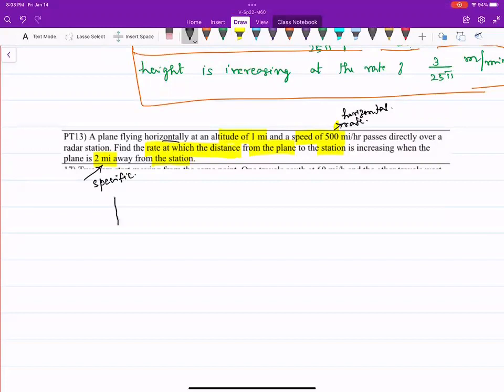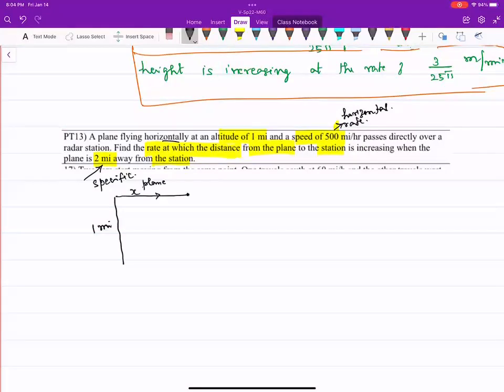I think it does. Because the plane is flying at an altitude of 1 mile and flying horizontally, the plane is going this way. Let's assume the horizontal distance at any time is x.